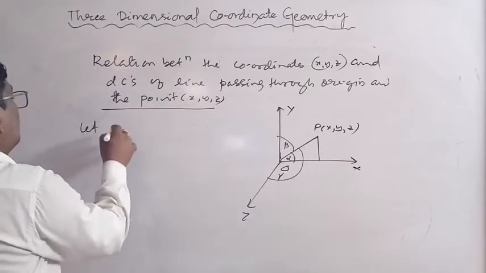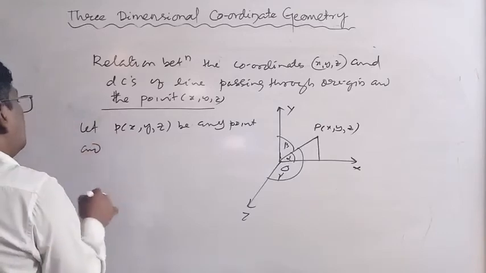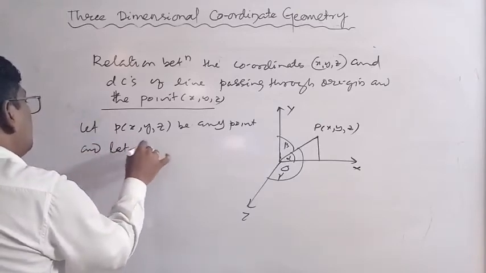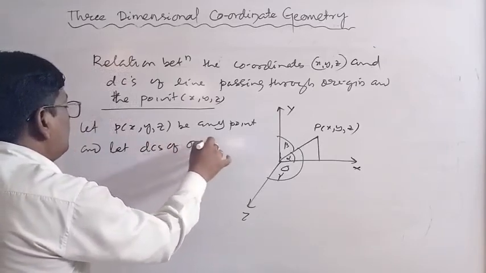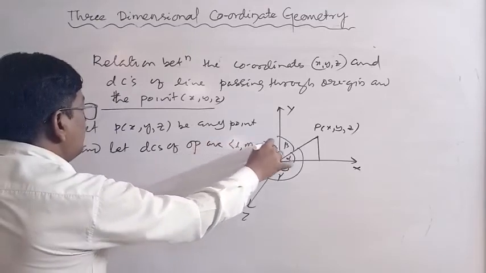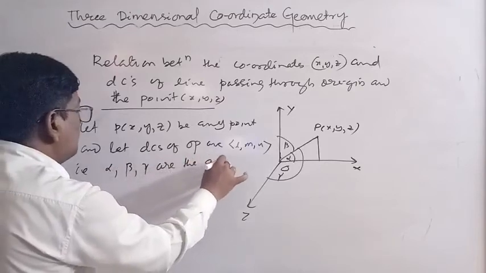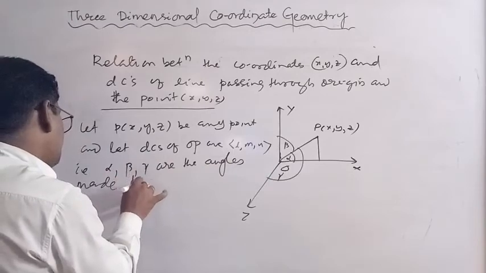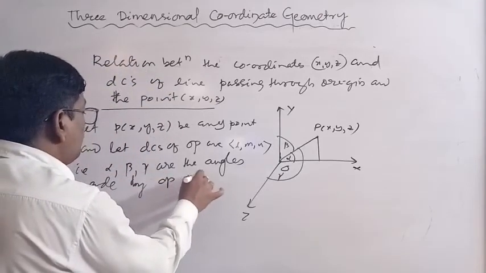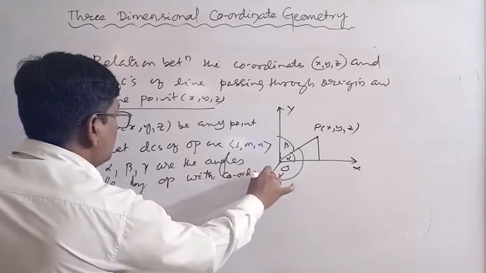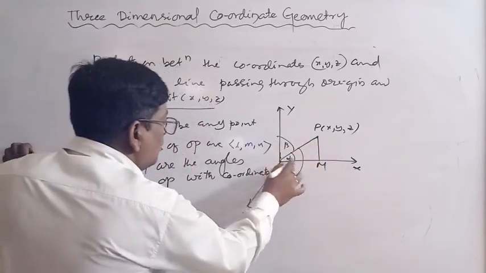Let P of x, y, z be any point and let the DCs of OP be L, M, N. Alpha, beta, gamma are the angles made by OP with the coordinate axes.